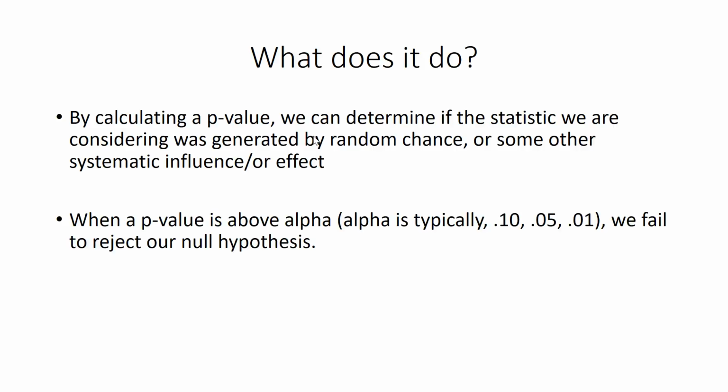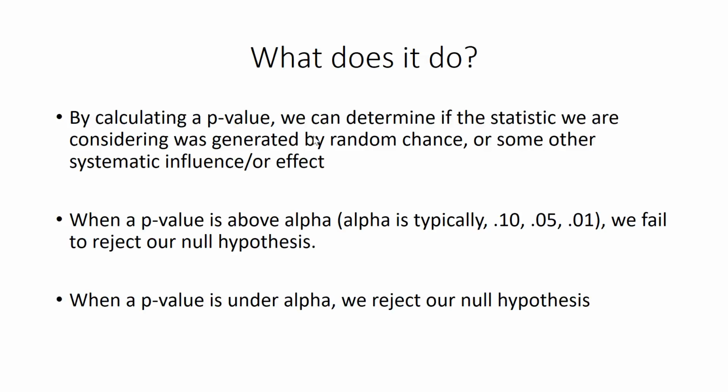So it's really important to remember when a p-value is above alpha, and remember alpha comes from the confidence level that we set, right? And if we subtract our confidence level from 1, we get alpha. So if the p-value is above our level of alpha, we fail to reject our null hypothesis. So if the p-value is big, we don't have enough evidence to reject our null hypothesis.